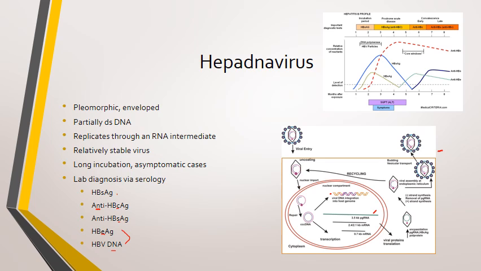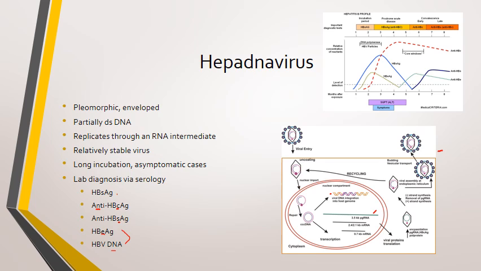Then we look at the antibodies. The first one that usually appears is the core antibody. So that's what the C stands for, the core, and that's usually there in the acute phase. The surface antibody usually comes a little bit later, and it indicates either convalescence or developed immunity.